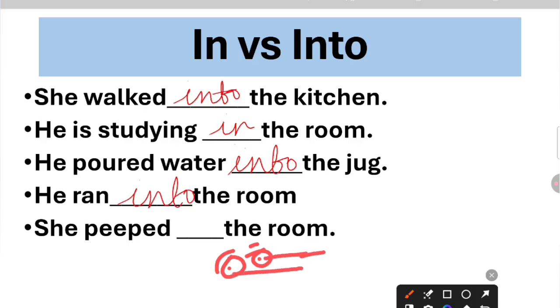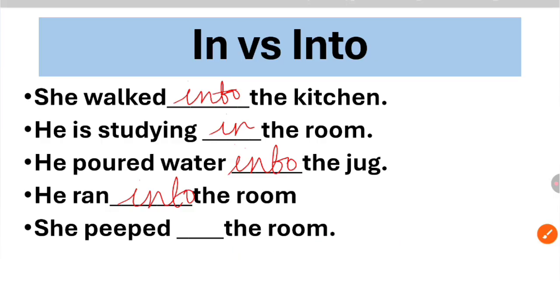Suppose this is the door and somebody is peeping. So from here to here, the movement of sight is there. So in that way, commonly we use into with peep. So she peeped into the room, not in the room, into the room.